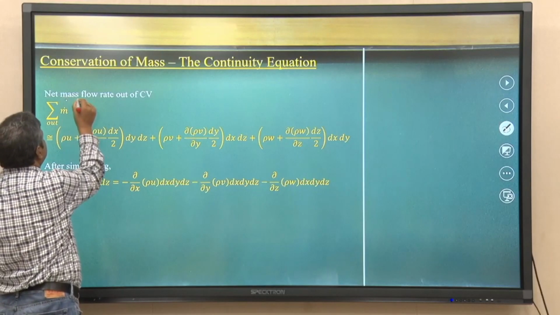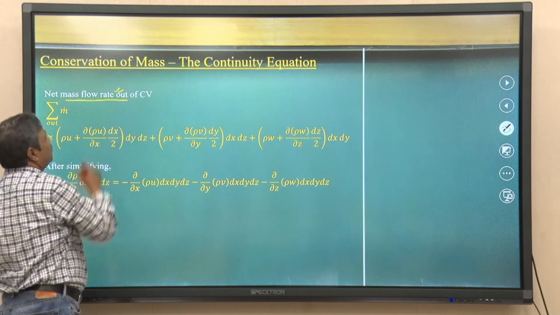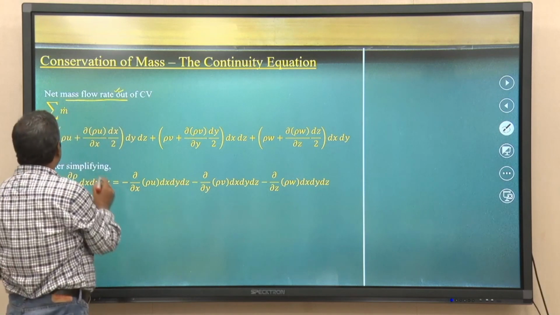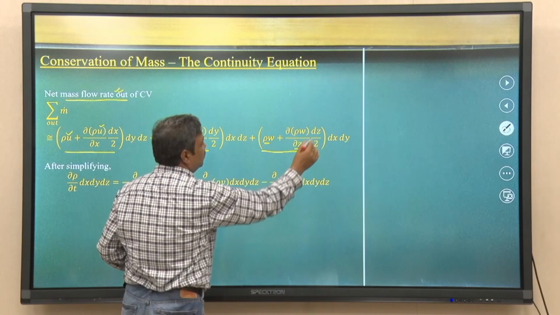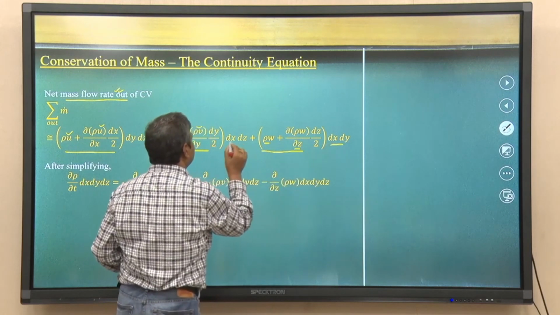If you look at the mass outflow from this control volume, this is the component you will get. You can easily remember this, because for the outflux we have the positive components. You have rho u and the gradient of rho u times dx by 2, rho v and the gradient of rho v in the y direction times dy by 2, rho w and the gradient of rho w times dz by 2, and this is the surface area.